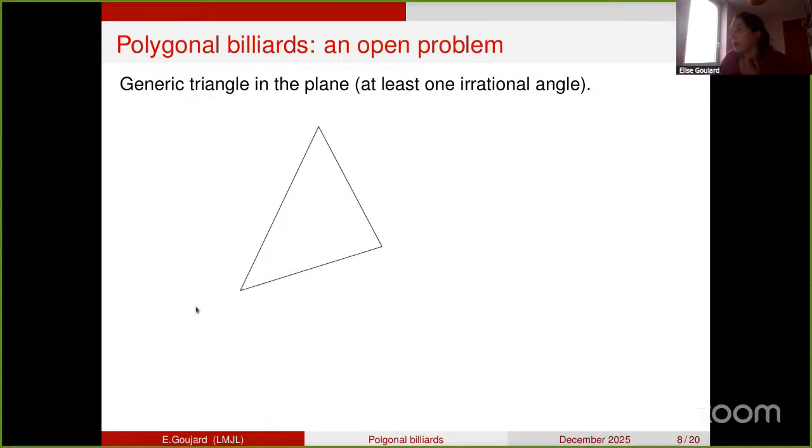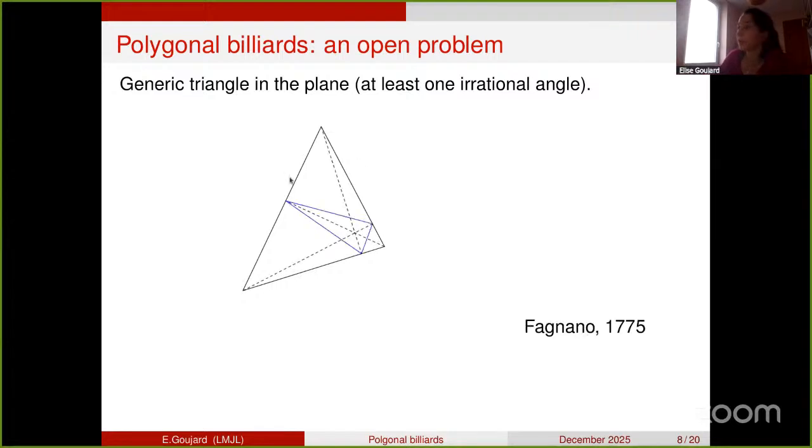In this triangle, which is acute, we actually do know one, which is the trajectory formed by the heights of the triangle, which is an old construction. But even in that case, we don't know if there exist other families of periodic trajectories.